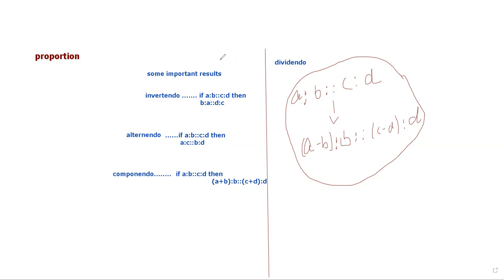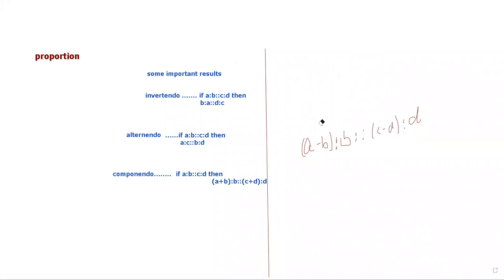Let me write it for you. So these are very important results, because questions are mostly like this, as I checked. So this is dividendo. What is dividendo?